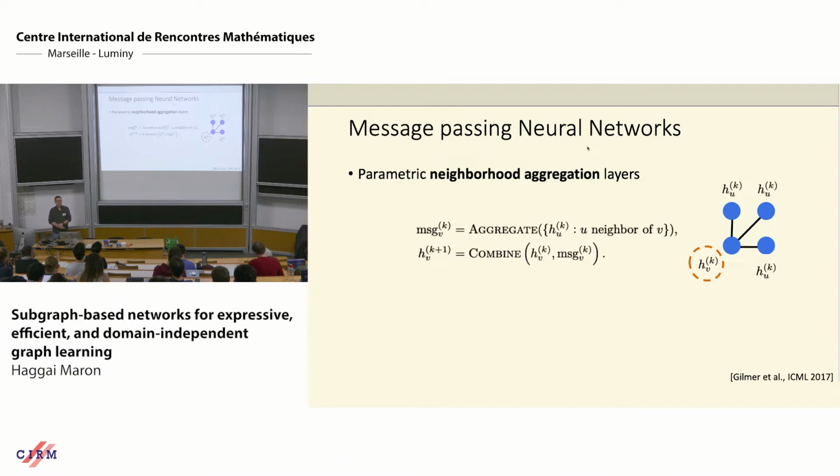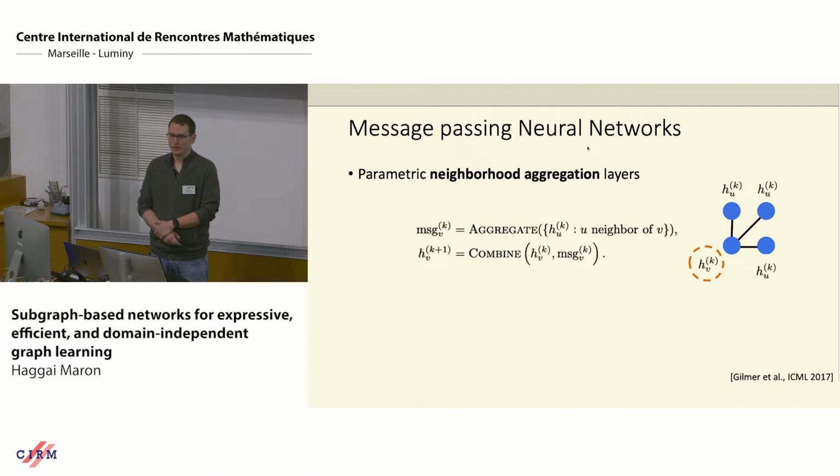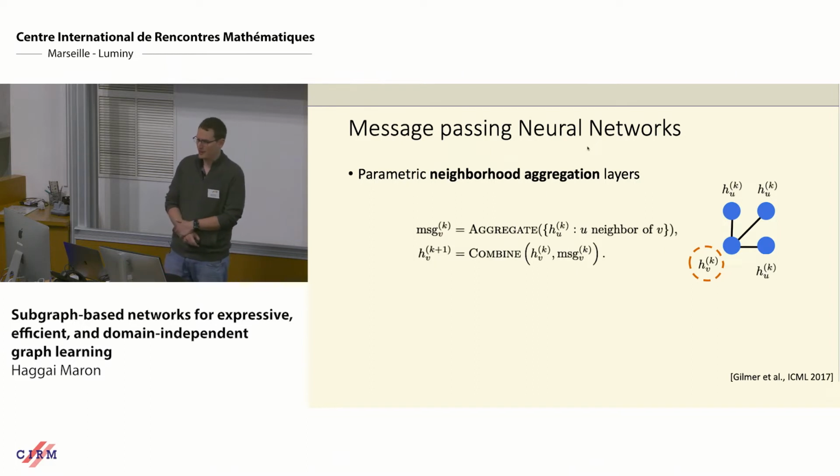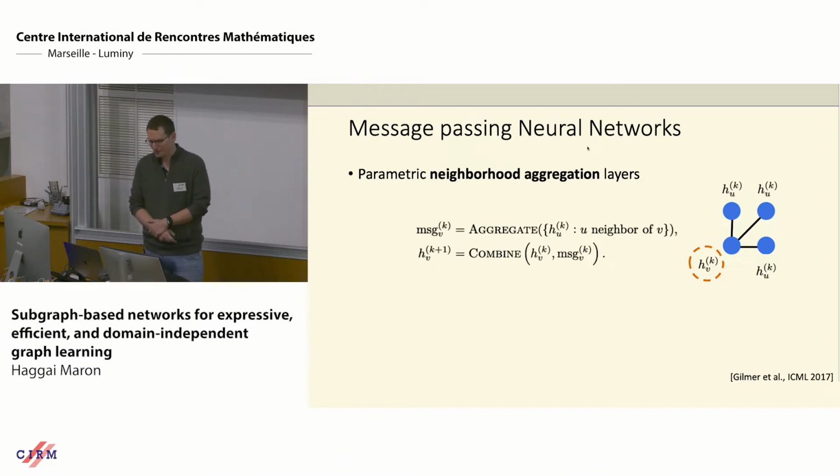Just a bit of previous work. By far, the most popular approach these days to learn on graphs is by using architectures called message passing neural networks. Those neural networks perform local message passing using parametric functions.